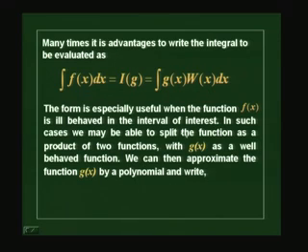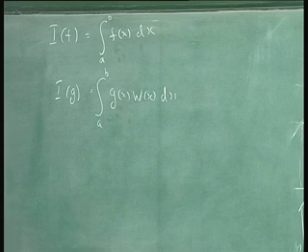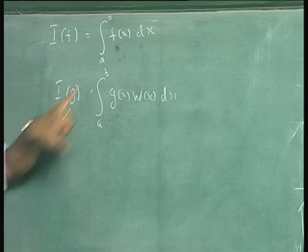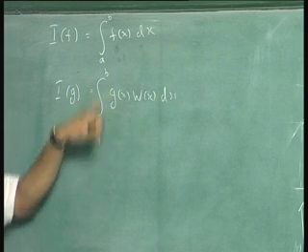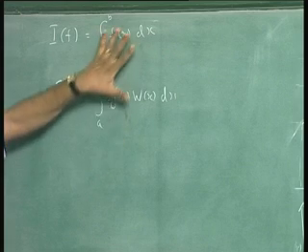So then what we do is we do not approximate the whole function by the polynomial, we just approximate the function g by the polynomial. That's the idea. Earlier we were approximating f as a polynomial, but now we won't do that, we will approximate the function g by a polynomial. So this is the Gaussian rule, this is the first step.